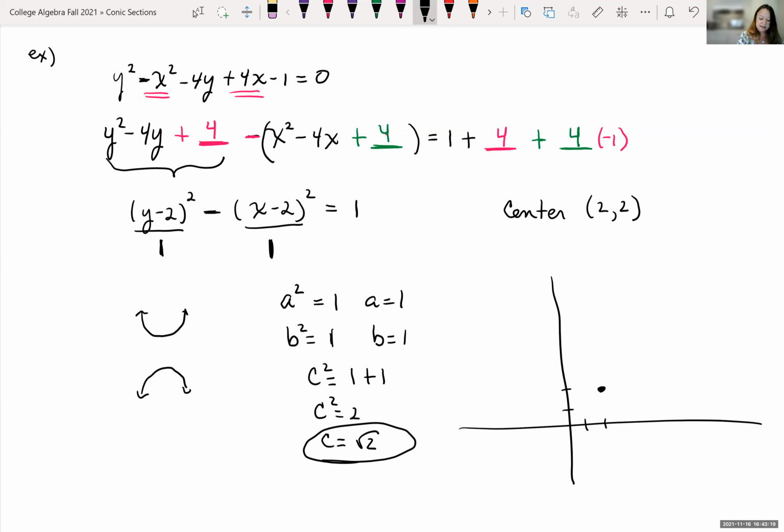So we're going to go up and down a to get our vertices. And our length of a is 1. So our vertices here are going to be at (2, 3) and (2, 1).